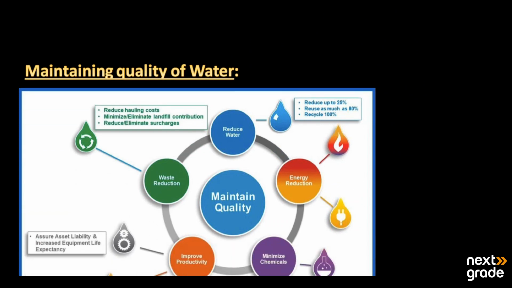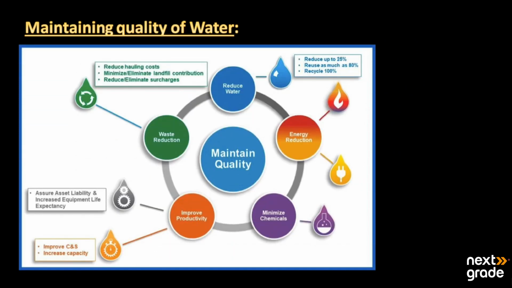Then we have maintaining the quality of water, that is, how we can maintain the quality of the water. We have different methods. The first one, we must reduce the use of water. We must reduce waste. We may use less energy. We must use chemicals in less quantity, minimizing chemical use in our daily life, and we must improve productivity.